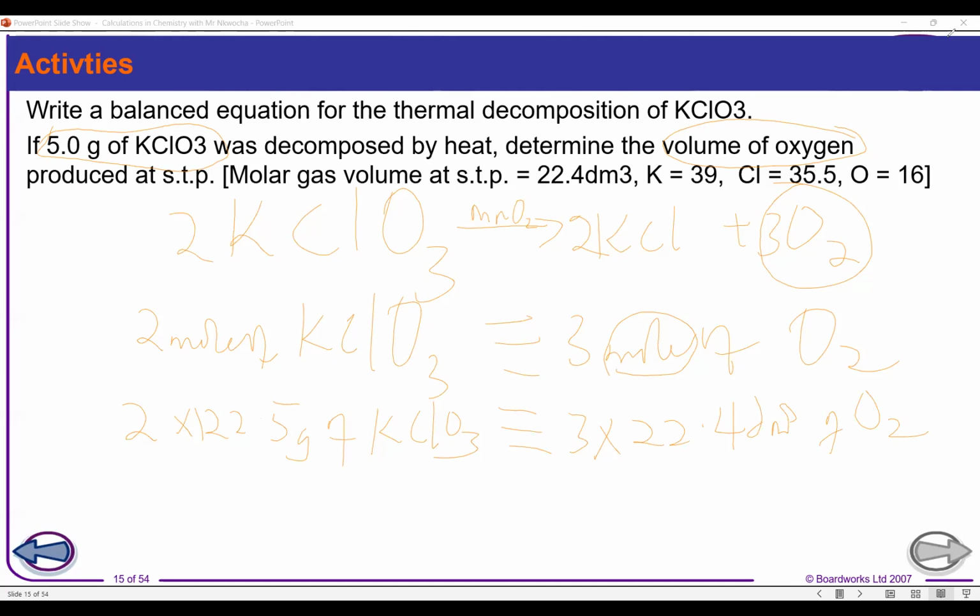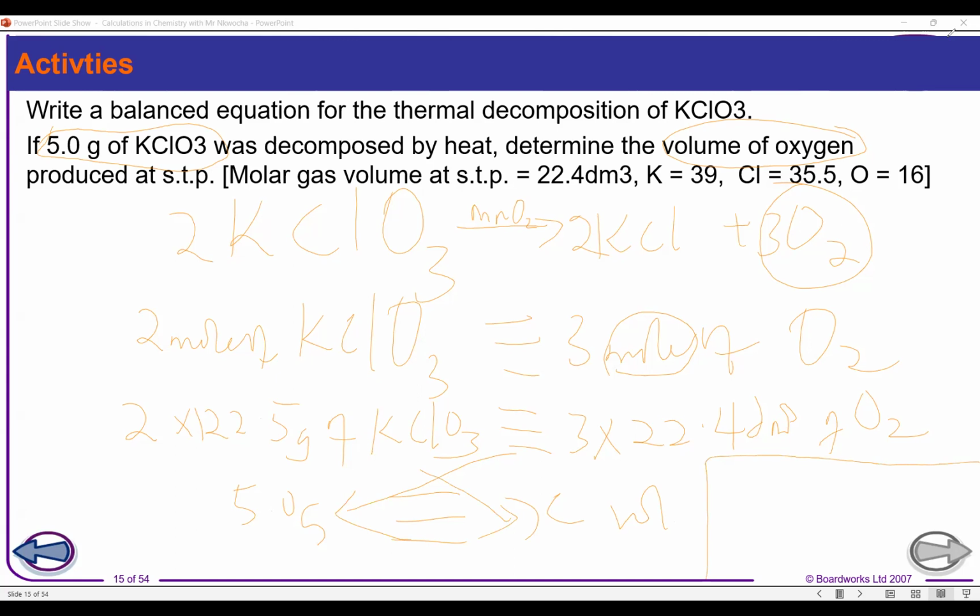Okay, so the next one is still from the equation. I've not touched what they gave us. So the question is, what did they give us and what do we need? They gave us 5 grams. So you have the 5.0 gram. This should give us X volume. So cross multiply this with this, and this with this. Let me just squeeze the answer inside here.